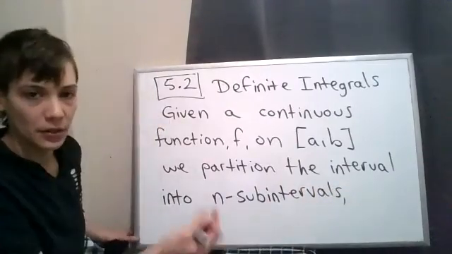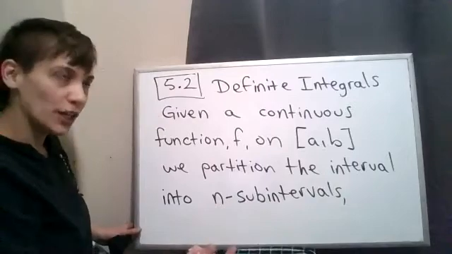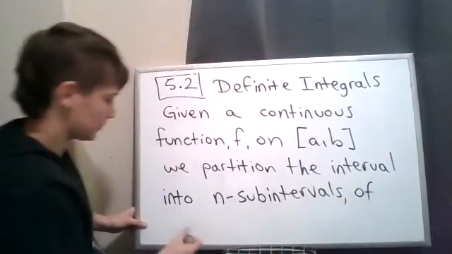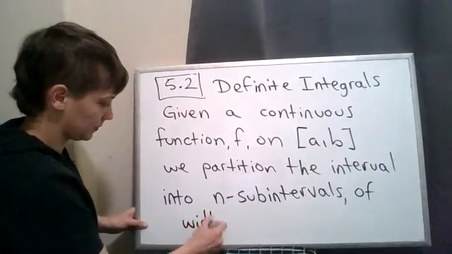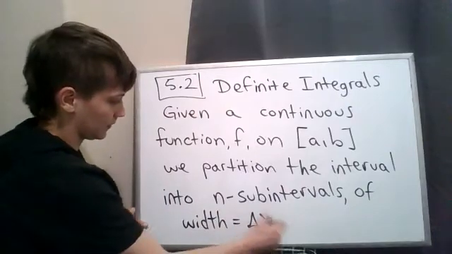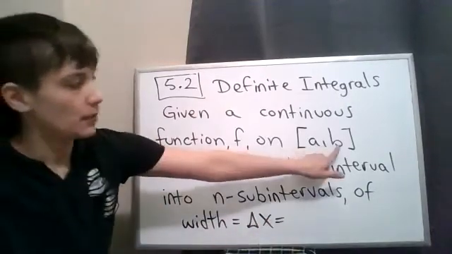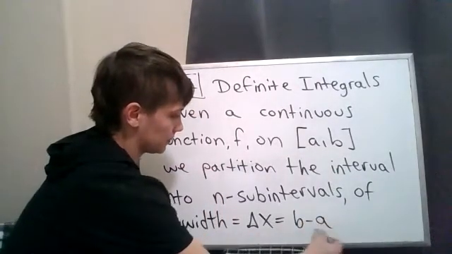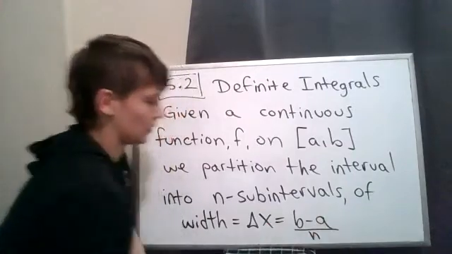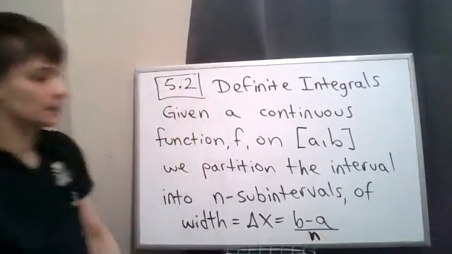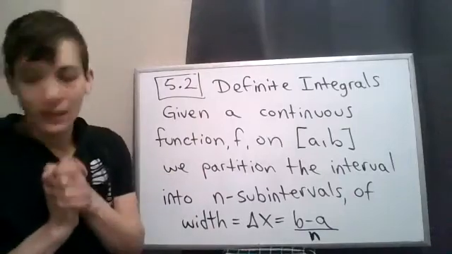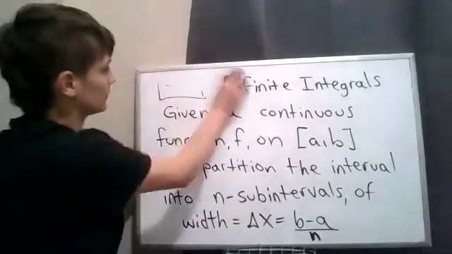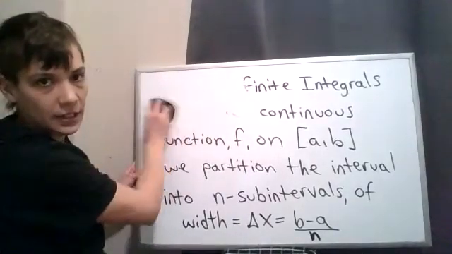We also talked about the width of each subinterval, which is delta x, and that would be b minus a, divided by n. All right, I'm going to write down what the partition looks like. Then we'll sketch a little picture.